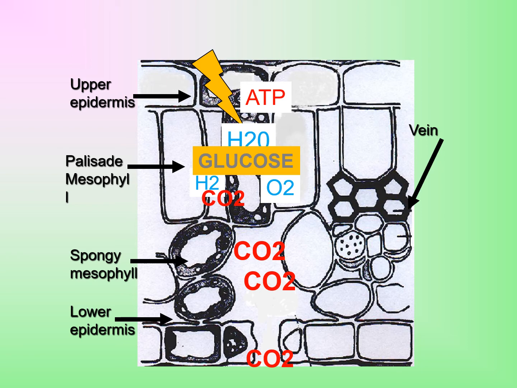Now, what's going to happen to that glucose? It might be carried around the plant by the phloem. So remember, the xylem brings water up to the palisade mesophyll, the spongy mesophyll, the guard cells, but the phloem transports that sugar around the plant.